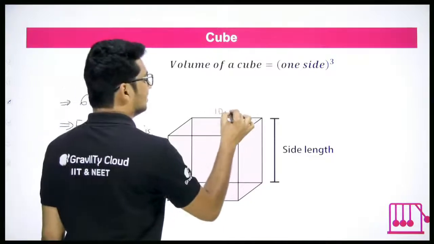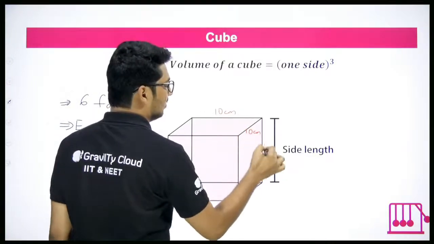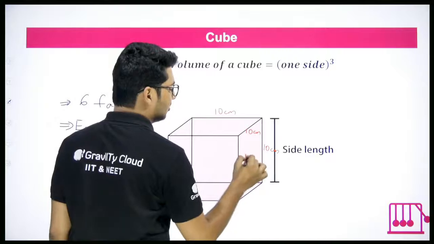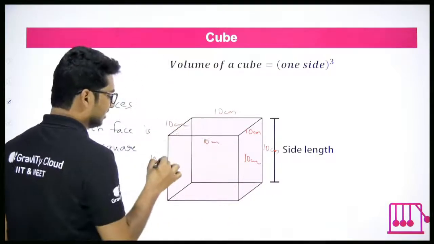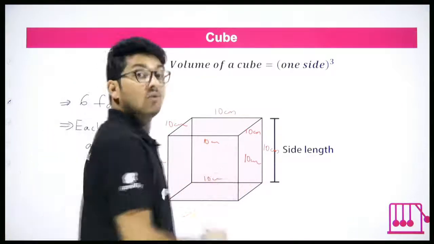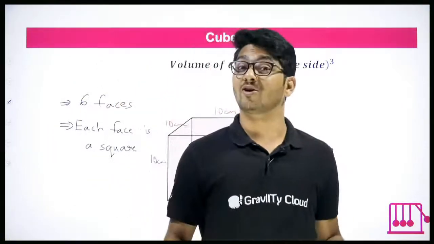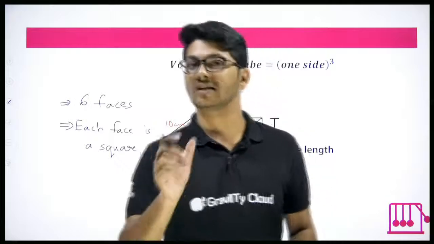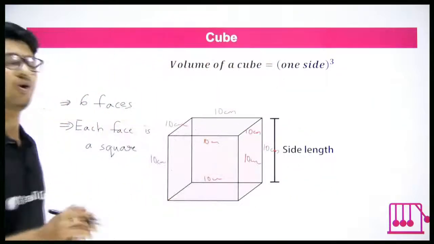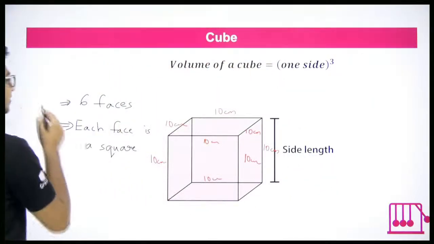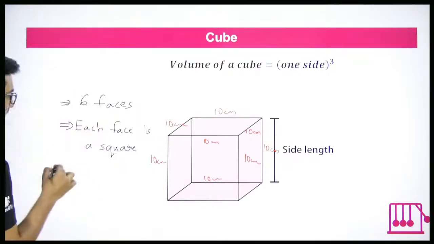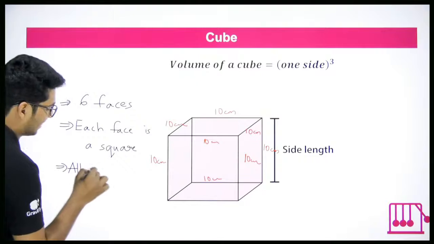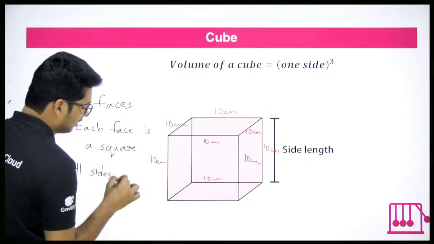So if this is 10 centimeter, this will also be 10 centimeter, and so on. Whatever side you come across, all the sides will be equal in a cube. All sides are equal.